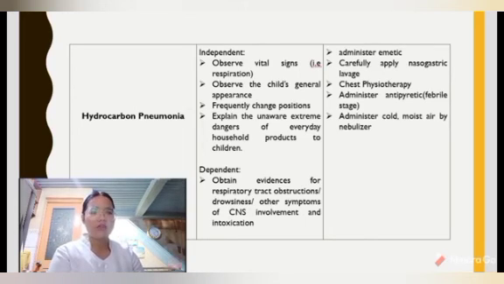And for the dependent, we need to obtain evidence of respiratory tract obstructions and signs of drowsiness, as well as symptoms of CNS involvement and intoxication.